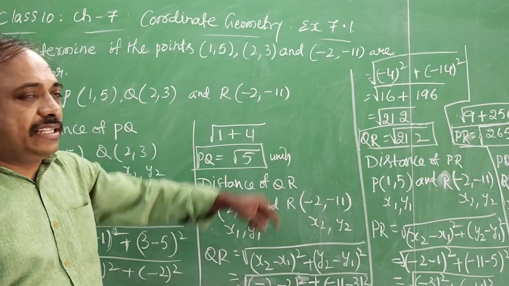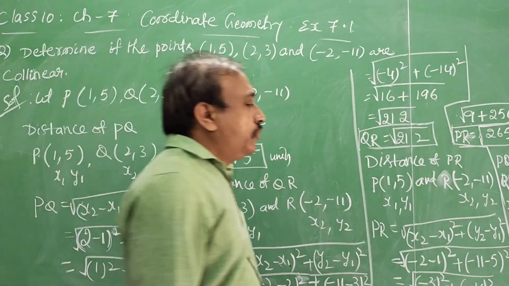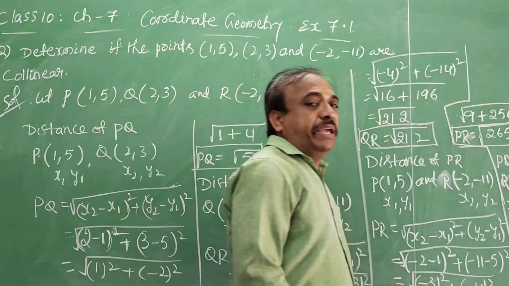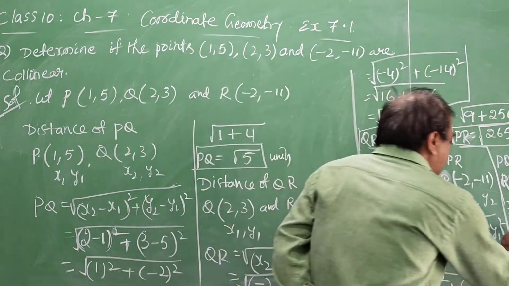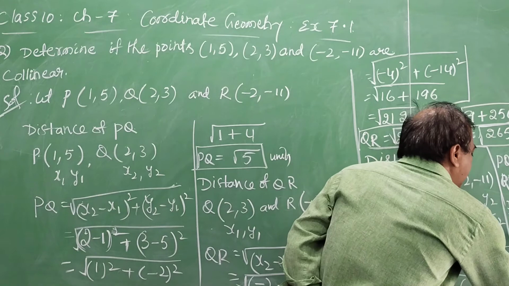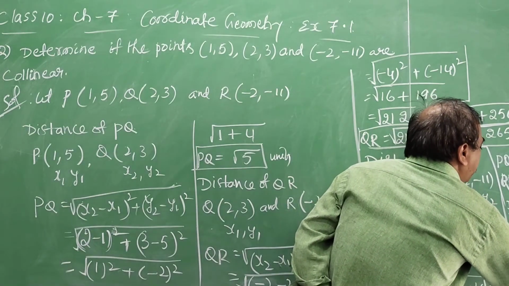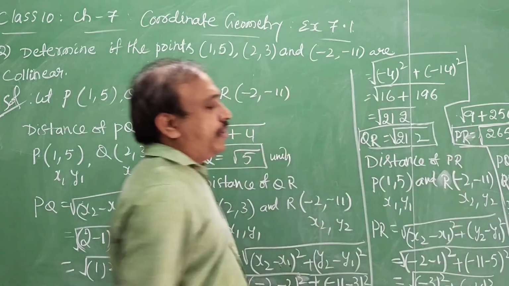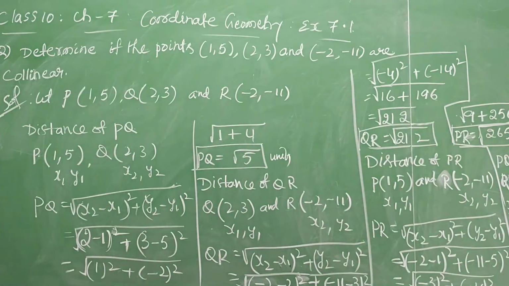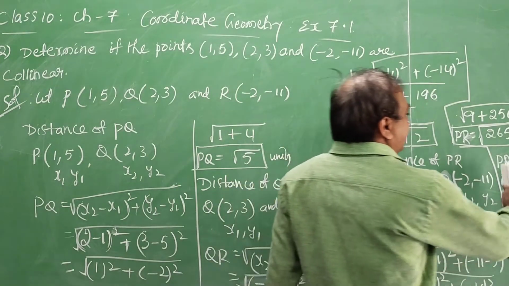If you add any two, the sum of any two, would you get PR? PQ plus QR is not equal to PR. You see here, if you add those two distances, PQ and QR, and you get them as equal, then they are collinear.